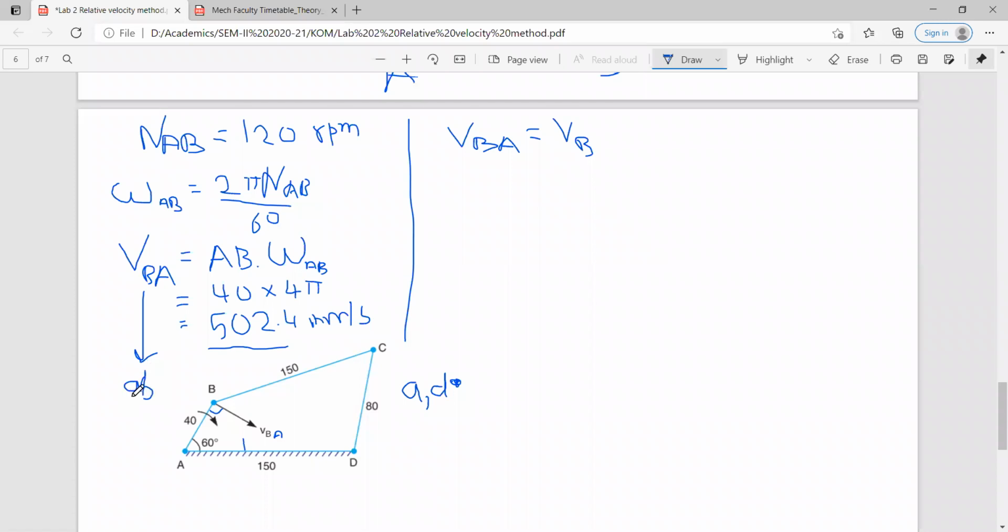ये वेक्टर कहाँ से स्टार्ट होगा? पॉइंट ए से. पॉइंट ए से स्टार्ट हो रहा है यहाँ से. पॉइंट ए कहाँ पर है? यहाँ पर है. Here it is. यहाँ से आपको स्टार्ट करना है. But you have to draw in a particular direction, in a specific direction. What is that direction? The direction of this vector is perpendicular to link AB. Link AB को perpendicular है. Means ये direction. अभी आपने ये डायग्राम ऑलरेडी ड्रॉ किया है. ठीक है. This configuration diagram is with you.